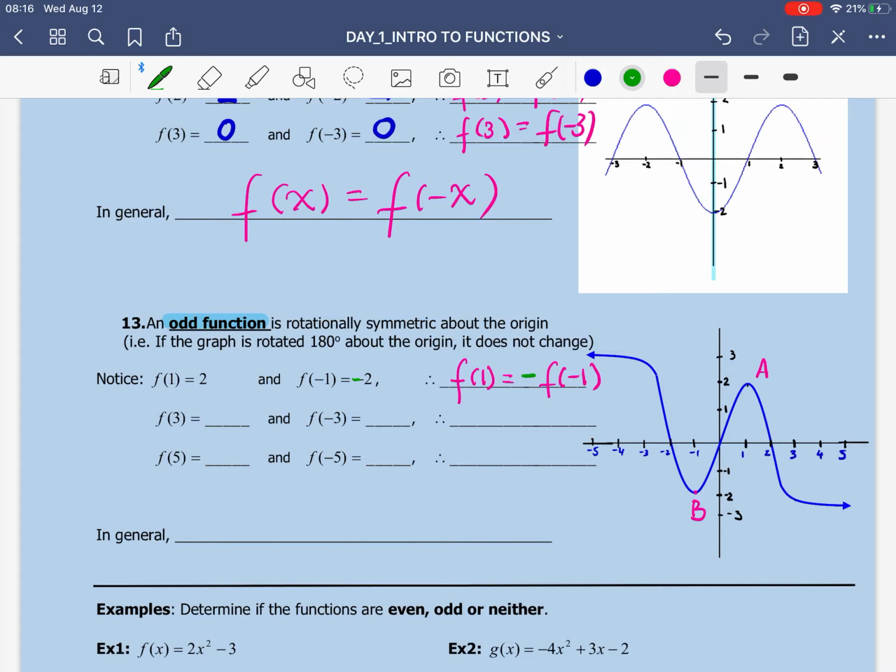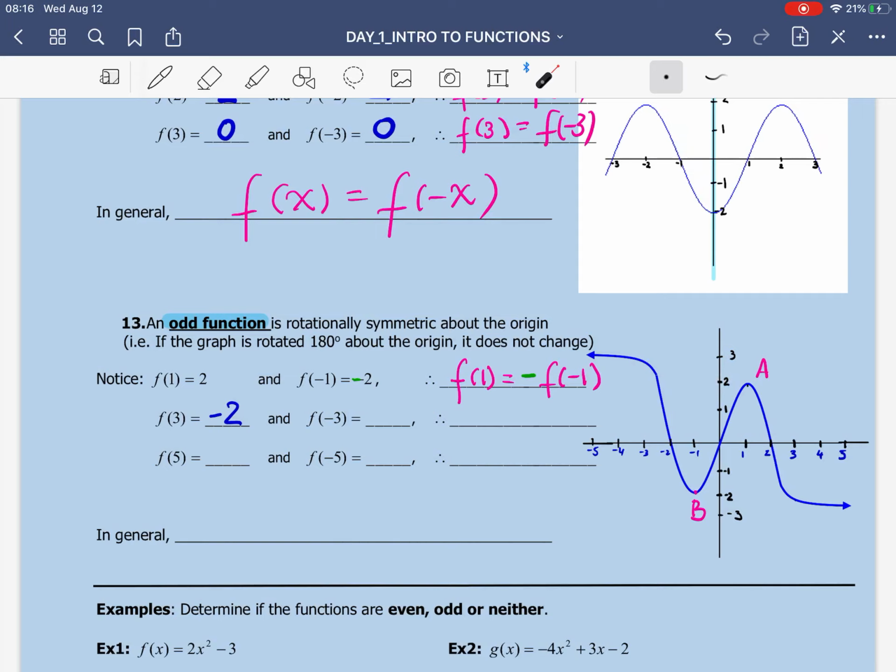At x equals 3, right here, we have the y value negative 2. And at x equals negative 3, the y value is positive 2.